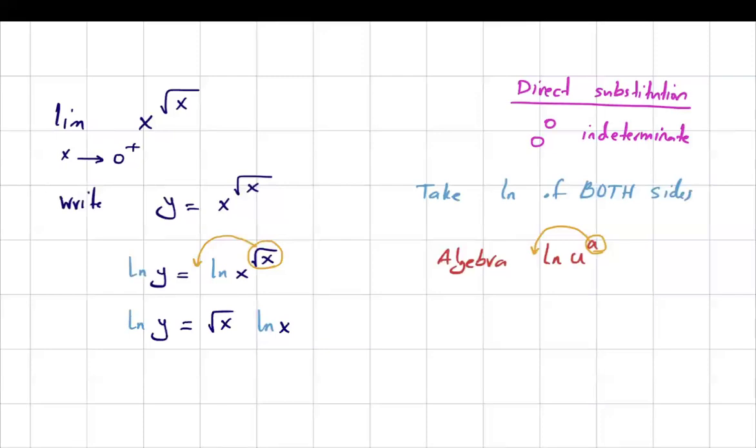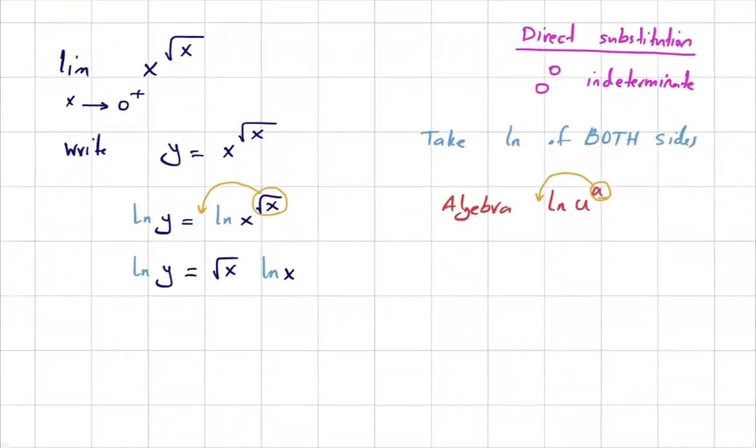Now, if you take the limit as x goes to 0 from the right-hand side, you get the following situation. The limit of ln of y as x goes to 0 from the right-hand side is the same as the limit of square root of x times ln of x as x goes to 0 from the right.